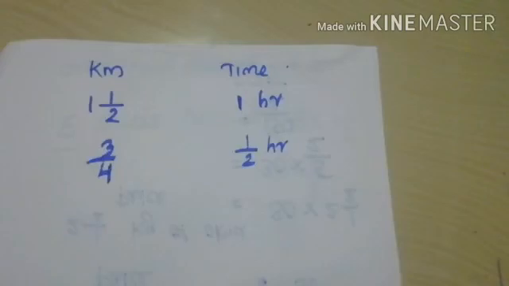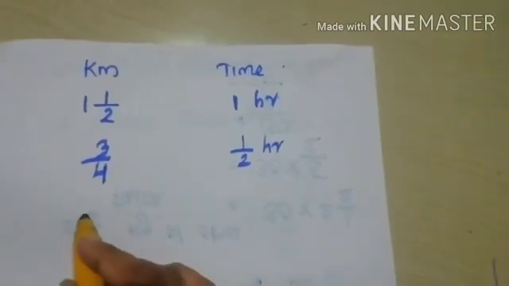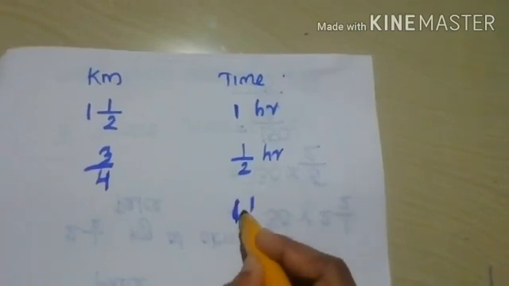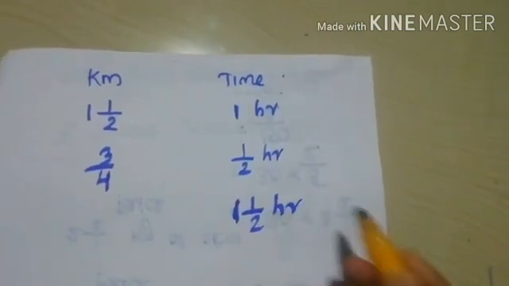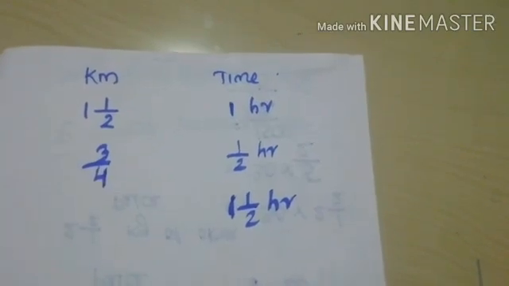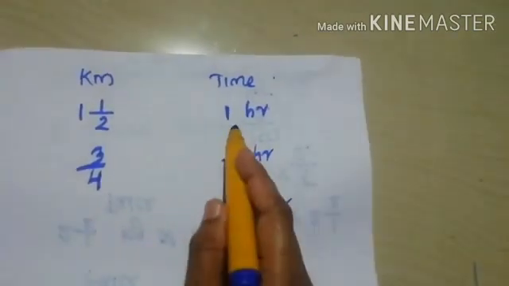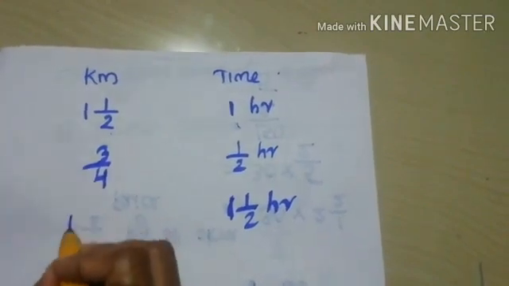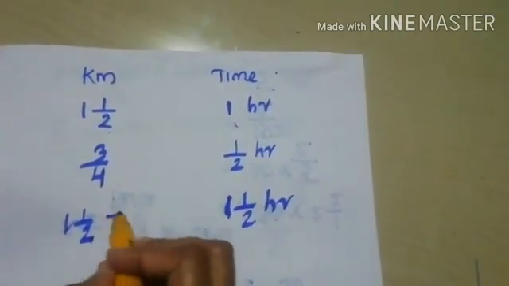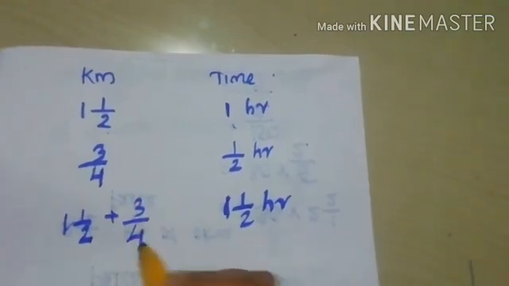Okay. Then here we need to find out 1.5 hours. 1.5 hours he walked how many kilometers. So in 1 hour he can walk 1.5. In half hour he can walk 3/4.